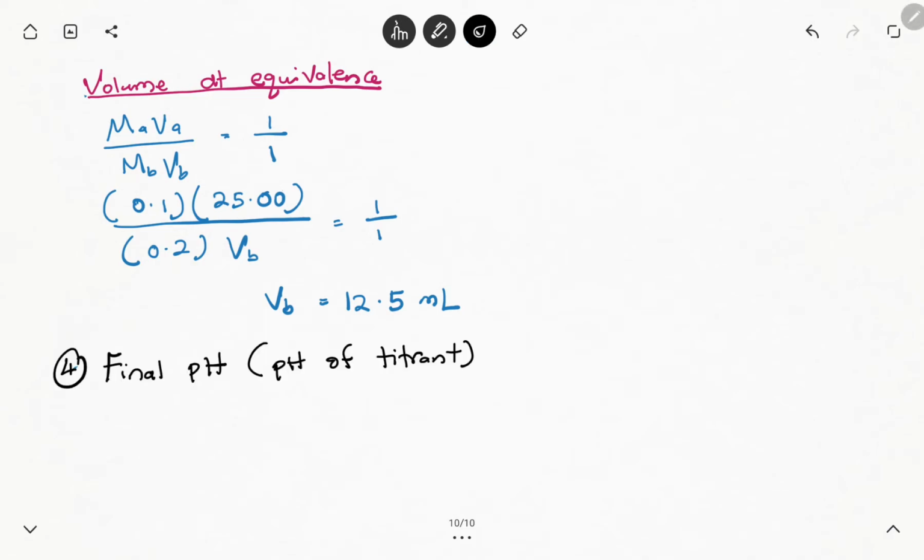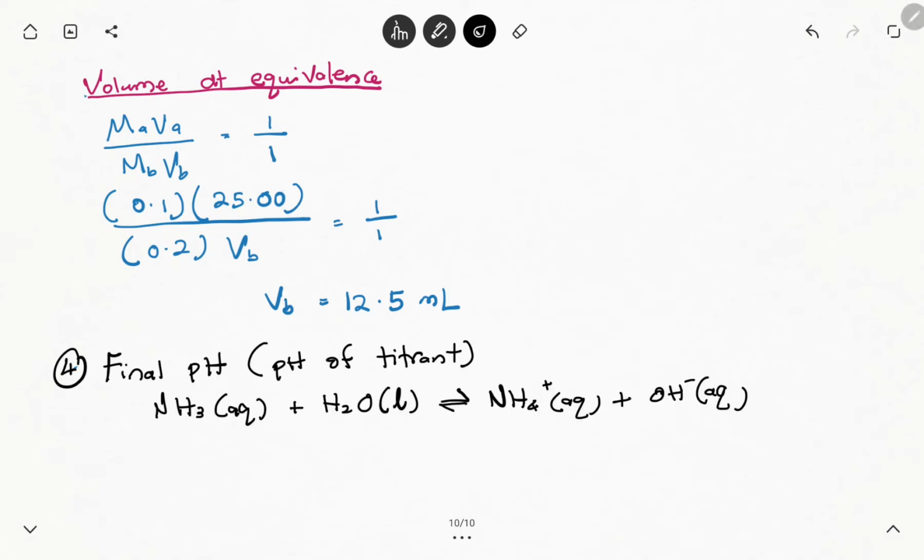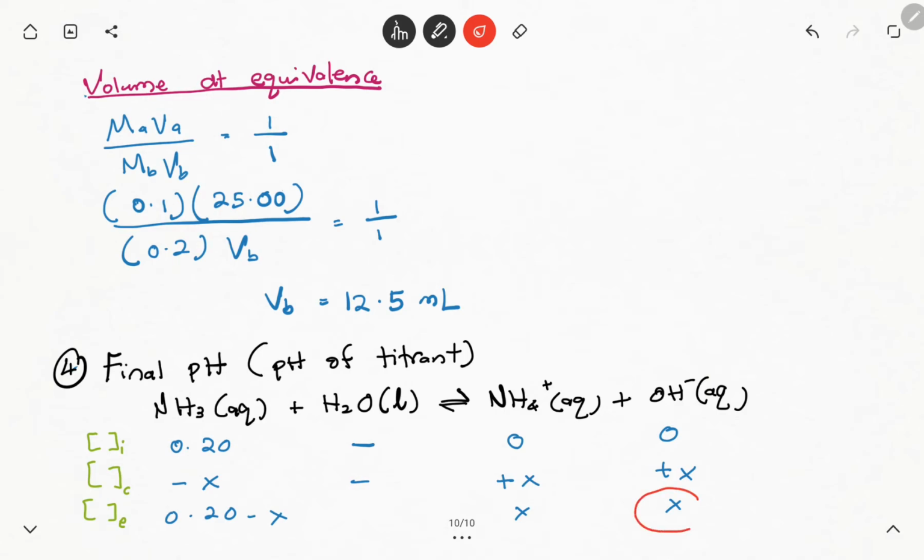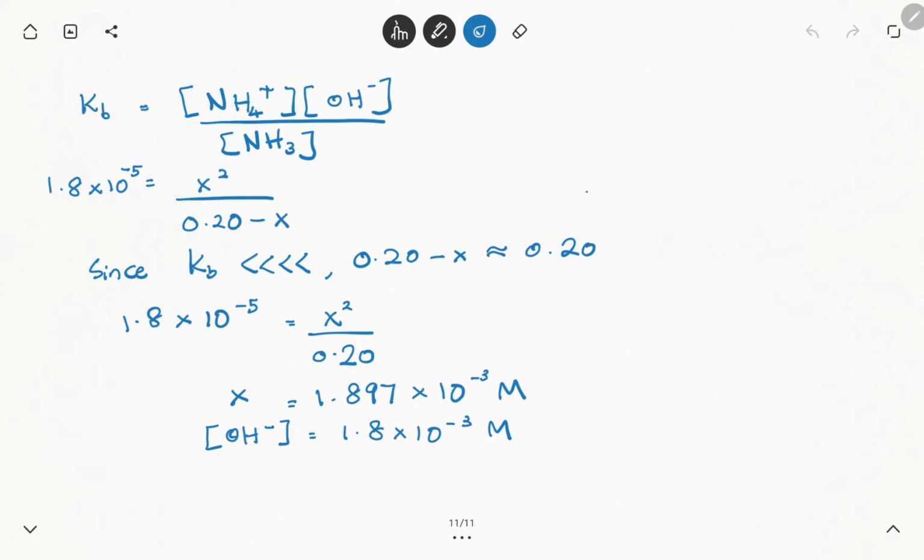Okay, step 4 is to find the final pH, which is the pH of the titrant, the solution in the burette. Since NH3 is a weak base, use an ICE table to find the concentration of OH- ion. So we need to find X as the concentration of OH- ion. So use the Kb expression, substitute the value of Kb and find the X value.